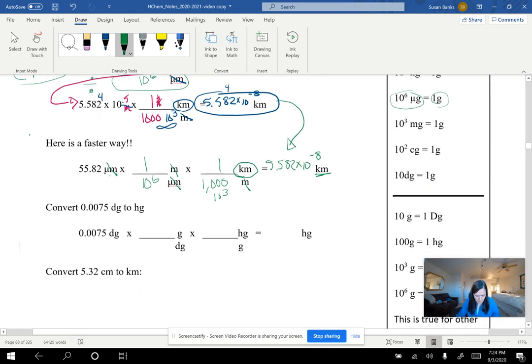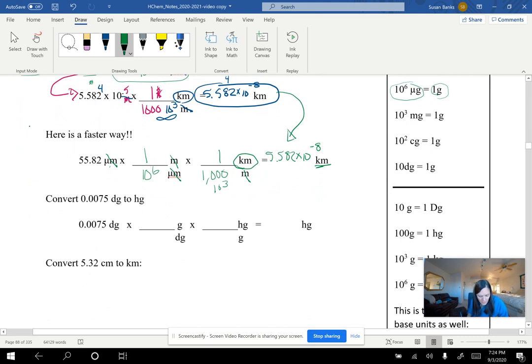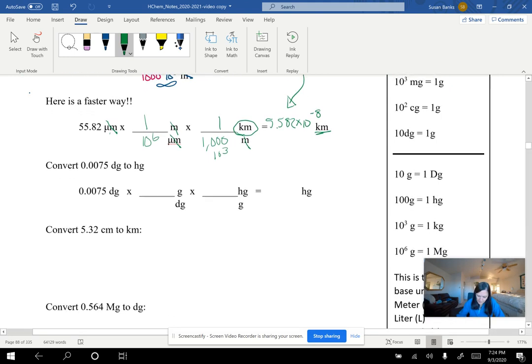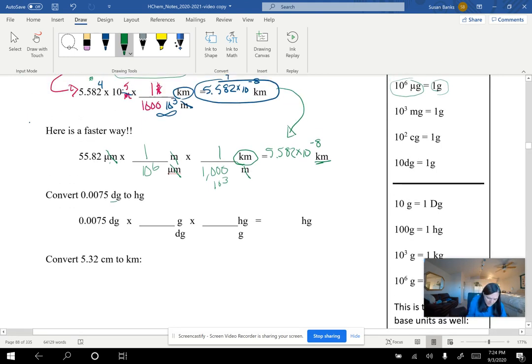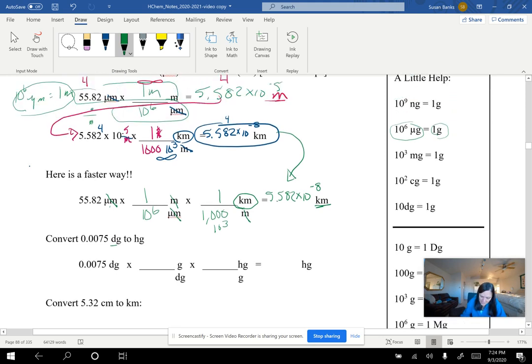Okay, next thing, convert 0.0075 decigrams to hectograms. We haven't really talked about hecto, so let's look at this. Notice the D here is small, okay? So that means deci.